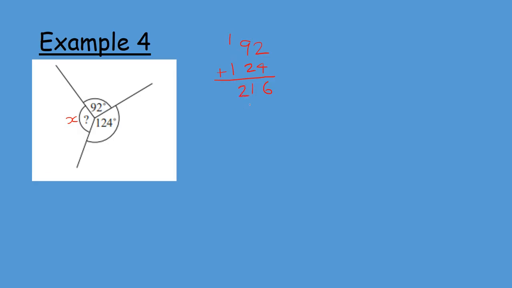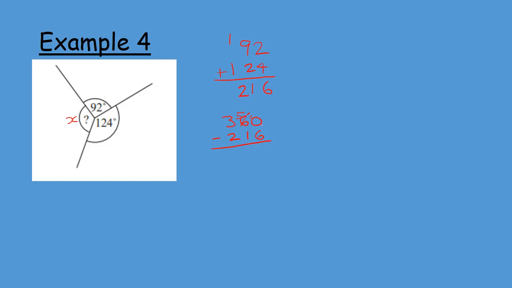And then because we know the total must be 360, we're going to take that 216 away from 360. So these questions are really good practice for our column addition and column subtraction. So 0 take away 6 we can't do, so we're going to take 1 away from here.